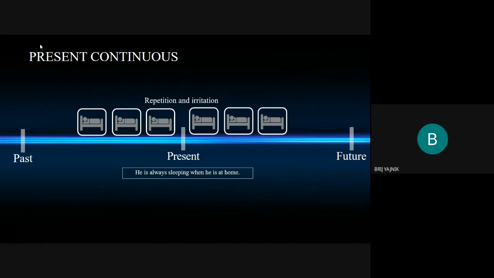This continuous usage is only with the word always. So whenever you want to complain about people, you can use always and put ing very quickly, because that means repetition and irritation.